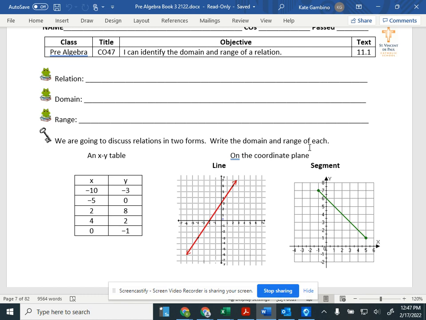All right, so first things first, we need to break down what these new words mean. So, I can identify the domain and range of a relation. Well, let's look at what a relation is.